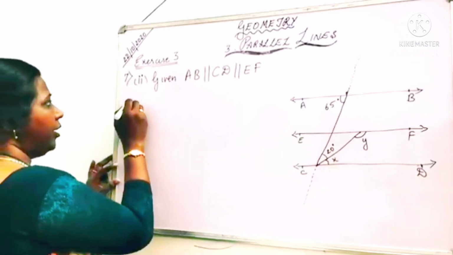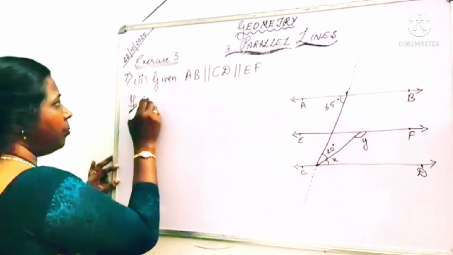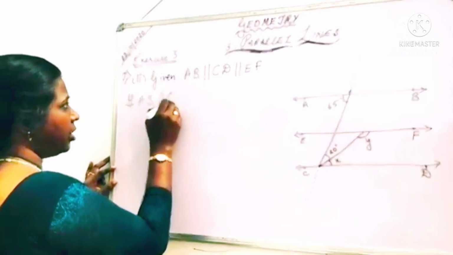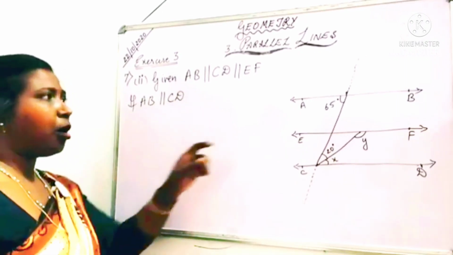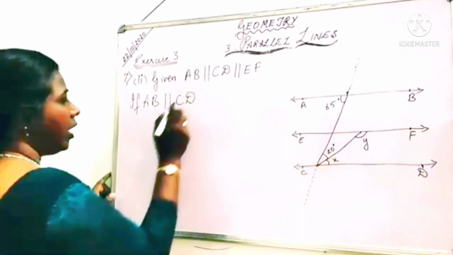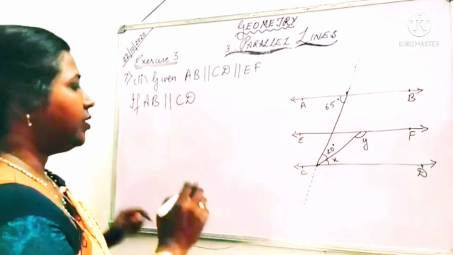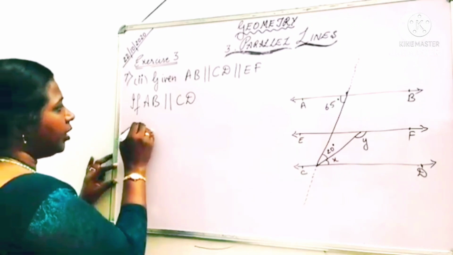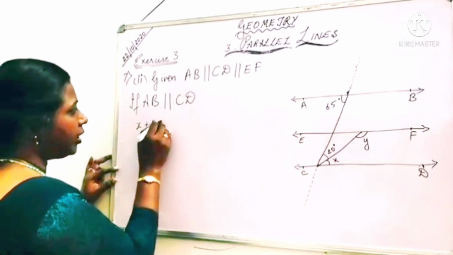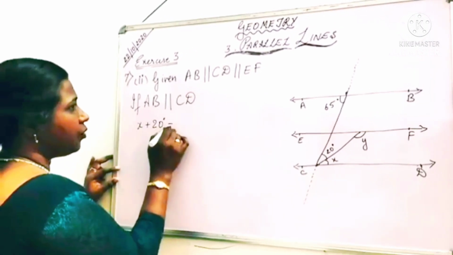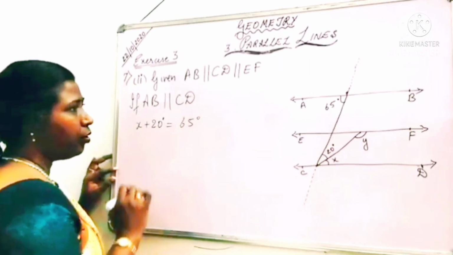Now if AB is parallel to CD, the angles formed by this transversal, can I write x plus 20 degree is equal to 65 degree? How?